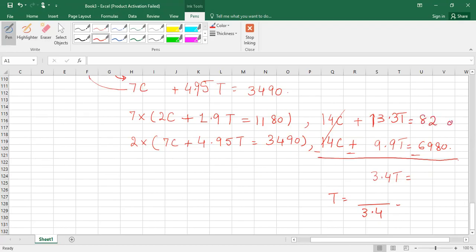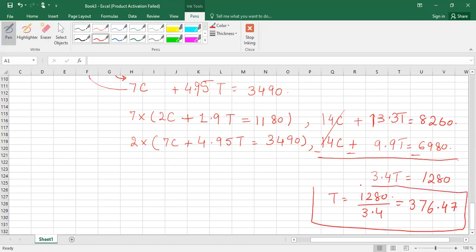Yes, it makes sense. Minus 6980, it is 1280. Now 1280 divided by 3.4, it is 376.47.